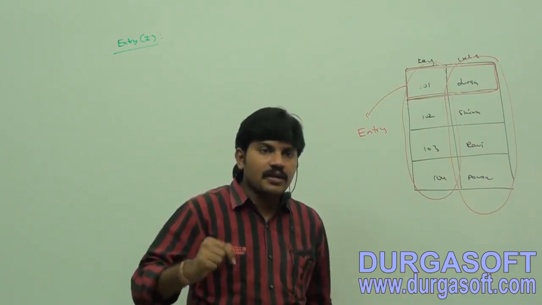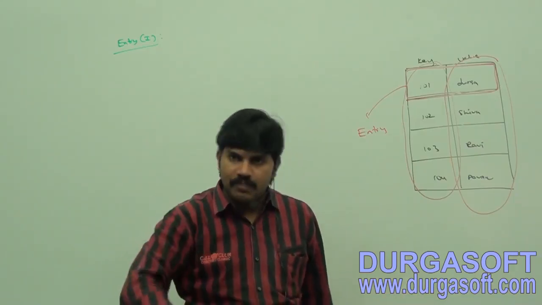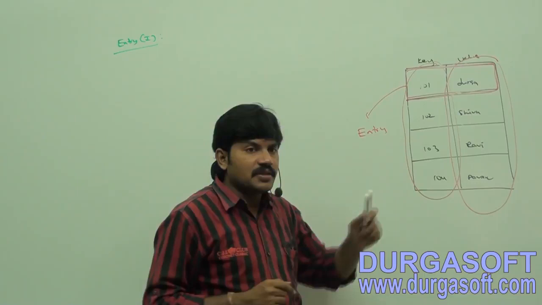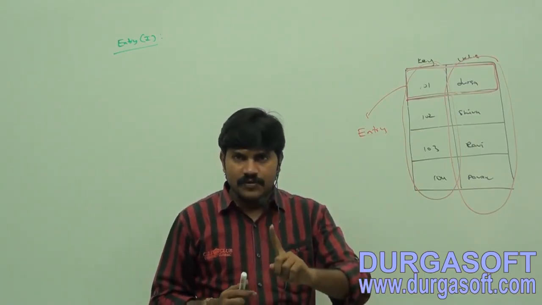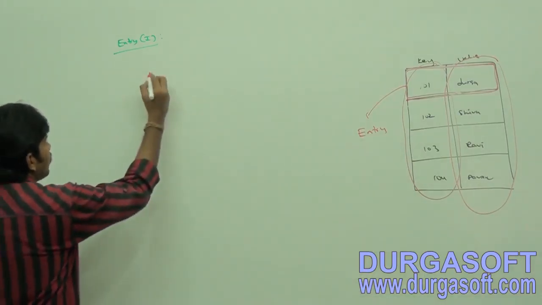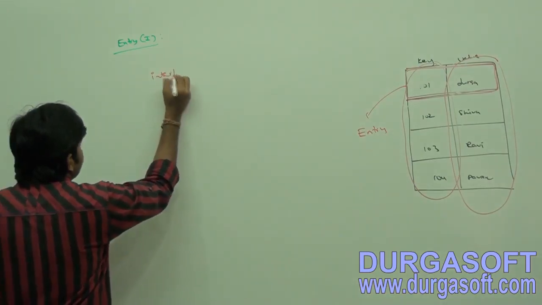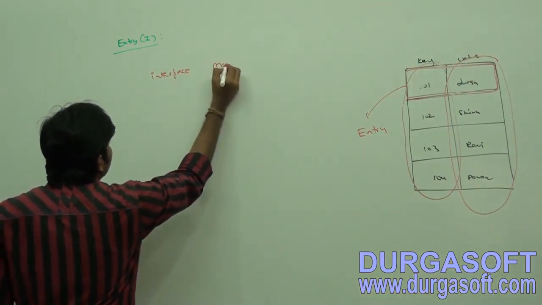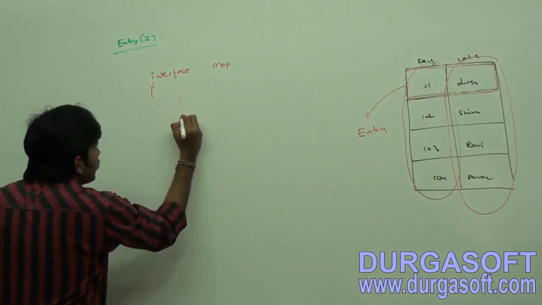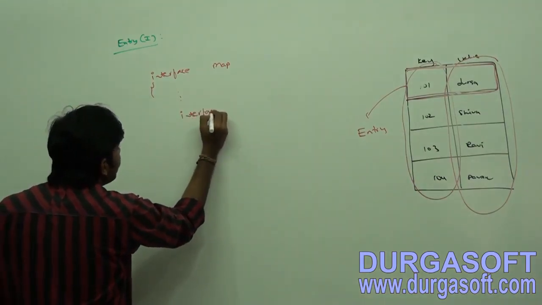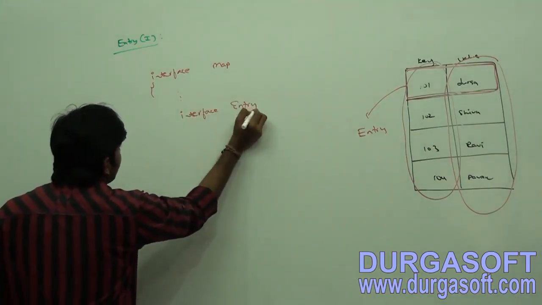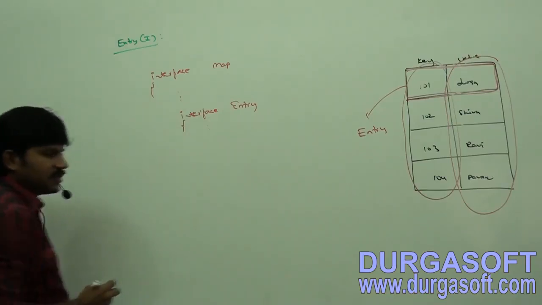So the entry interface is defined inside the map interface only: interface Map, within that interface Entry, the inner interface concept.